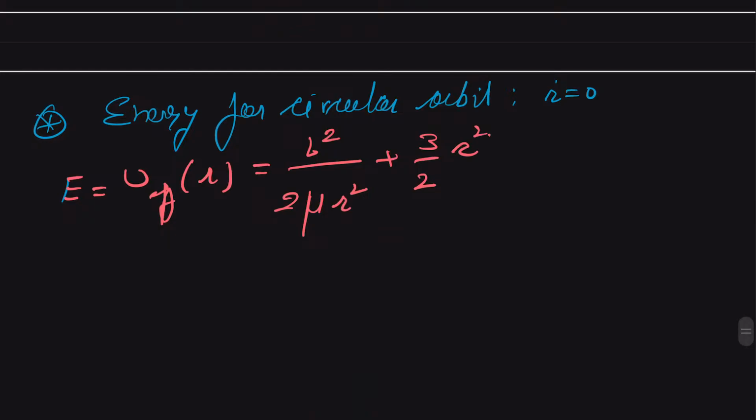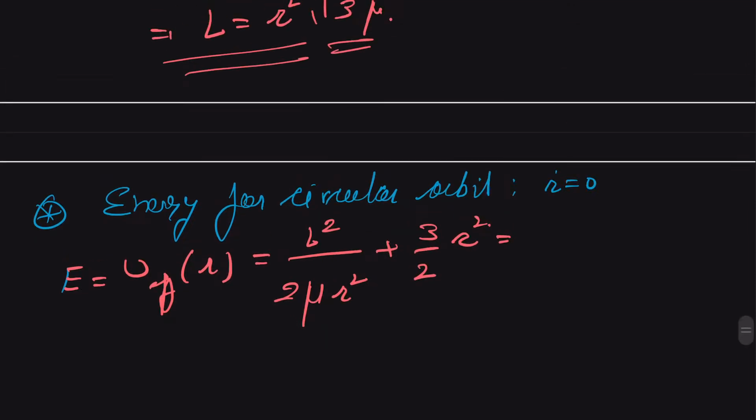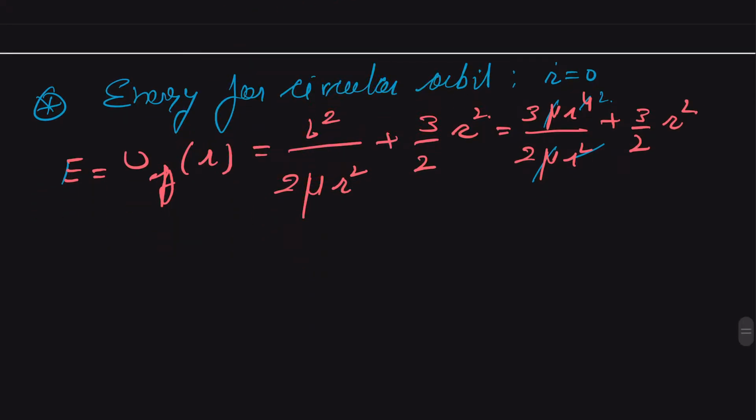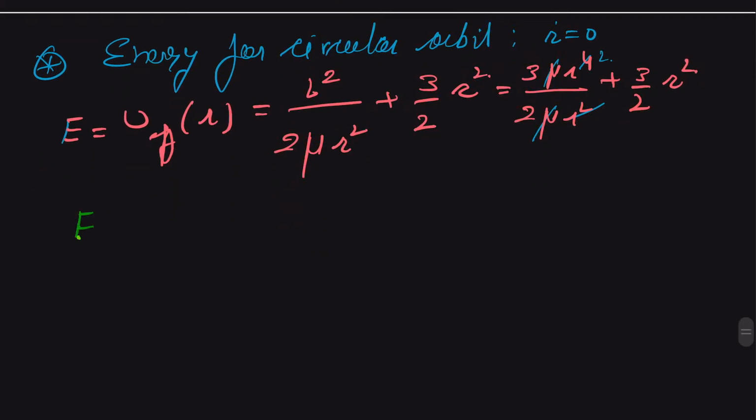So we substitute it, we get this as 3 mu R4 divided by 2 mu R square plus 3 by 2 k R square, and the mu and this 2 cancel, so this comes as 3 by 2 k R square as well as 3 by 2 k R square.